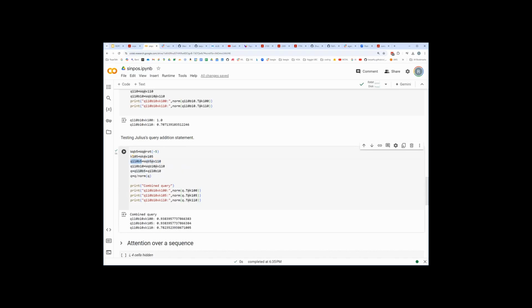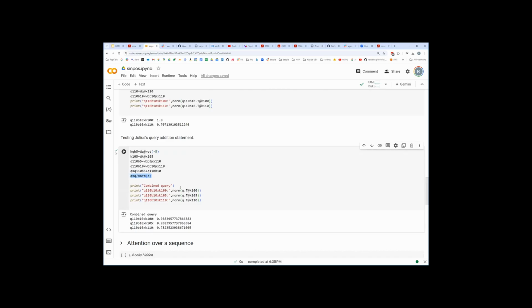So that's this one. What's this one? This is a query that's rotated 10 back from 110. And now I'll create a combined query that is the sum of those two. In this particular case, I don't know if you need to do this, there might be an advantage to not normalizing it, but I normalized that combined query.